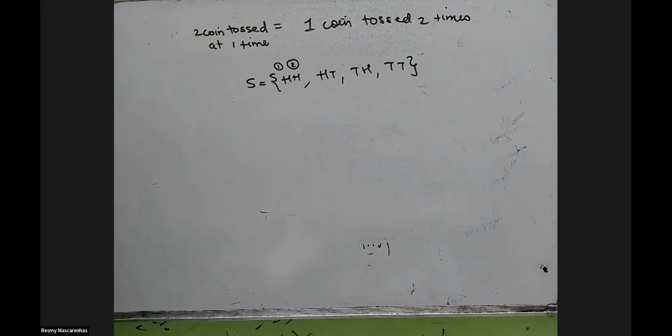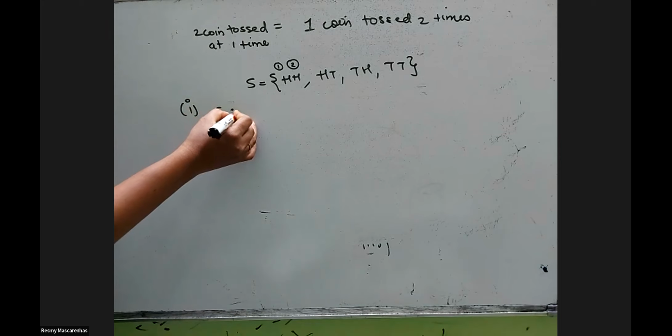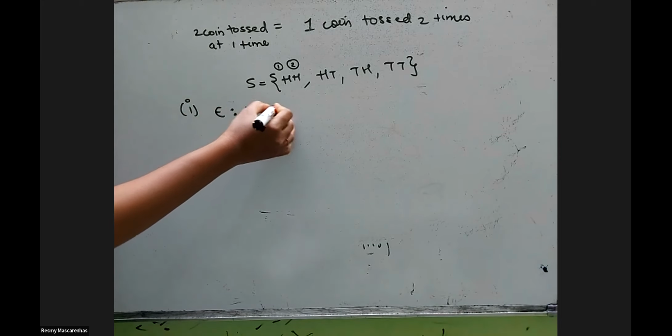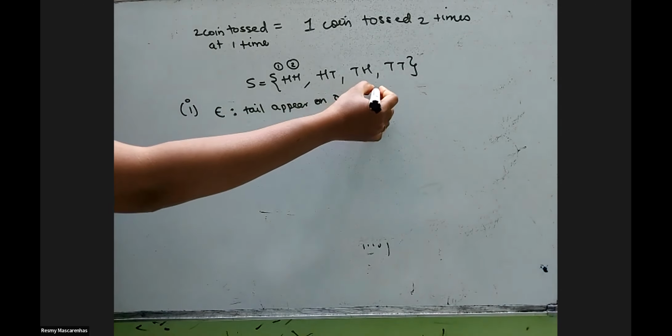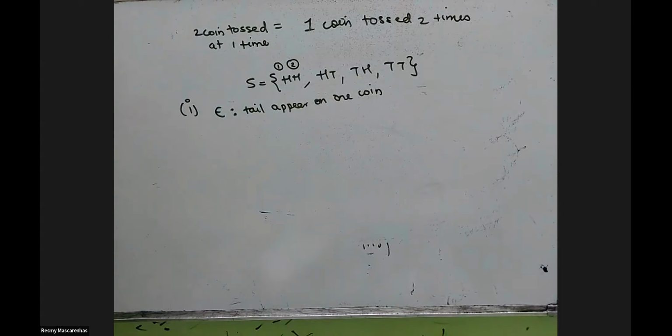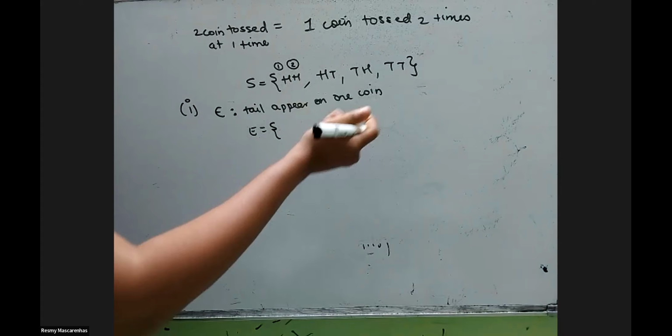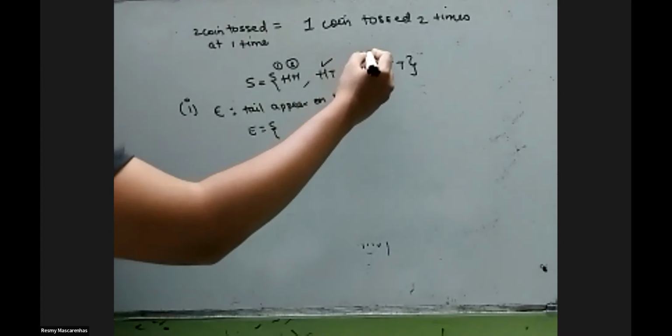In the first problem, E is supposed to be tail appears on one coin. Find the event E: check which options have a tail on one of the coins. It doesn't say coin number 1, it says any one of the coins among these two should have a tail.